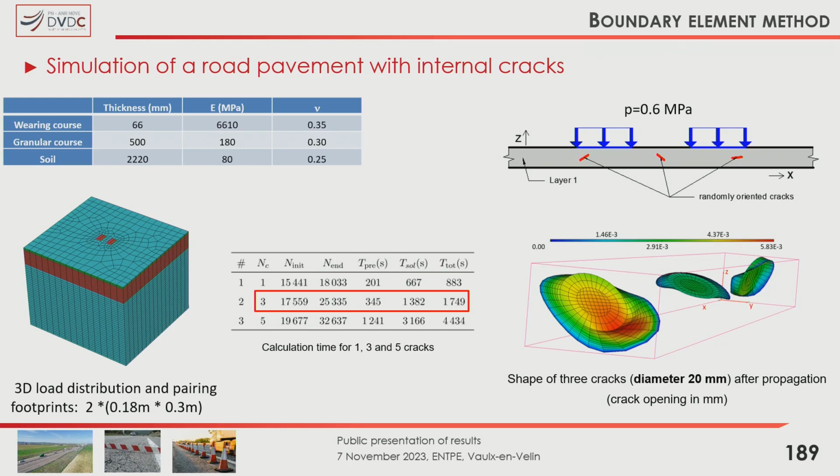In Nantes, with a flexible roadway with 60 centimeters of coverage and then granular elements, we see the classical 18 by 30 centimeter. We position in the middle of that asphalt layer 3 cracks in different positions transversely.